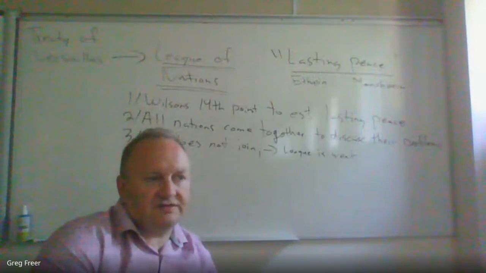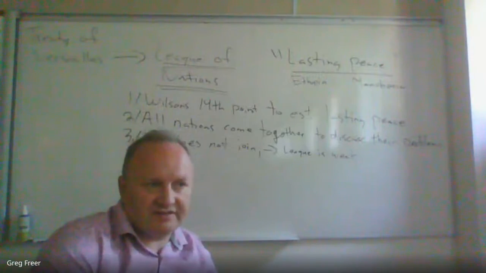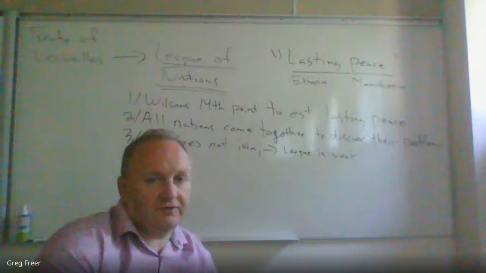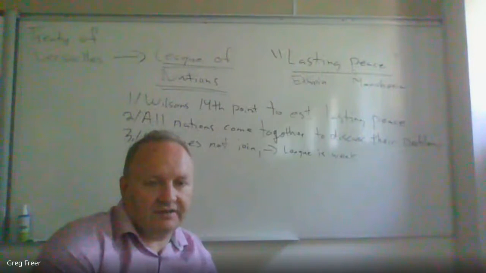Okay, so positives of the League of Nations. It was an attempt at global cooperation. That's a good thing. Okay, and hopefully you're writing all this down. Negatives. Yeah, go ahead, Haley. I was just gonna say it wasn't like the Versailles, how it was more including for Germany, like they got a fair opportunity.